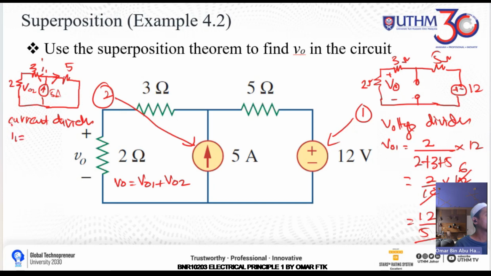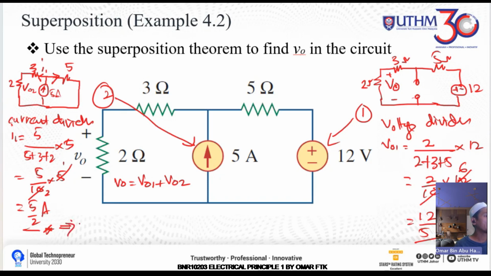I1 equals 5 here divided by the total resistor, 5 plus 3 plus 2, multiplied by 5. So this one will be 5 over 10 multiplied by 5. So you get 5 over 2 ampere. This is the current passing through the 3 ohm resistor and the 2 ohm resistor.